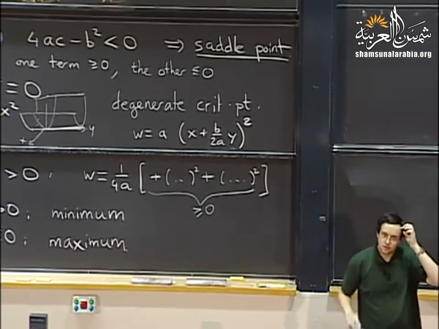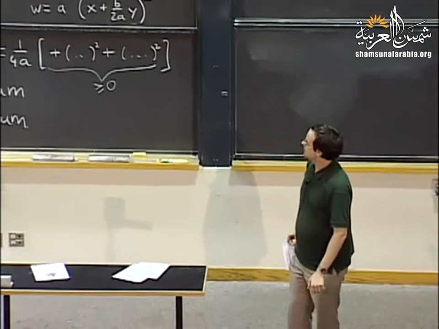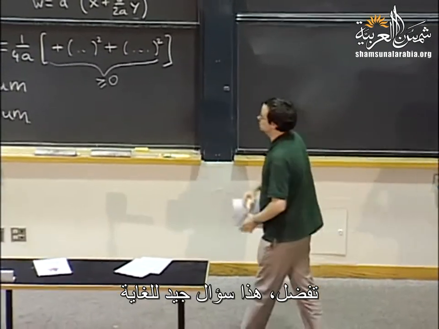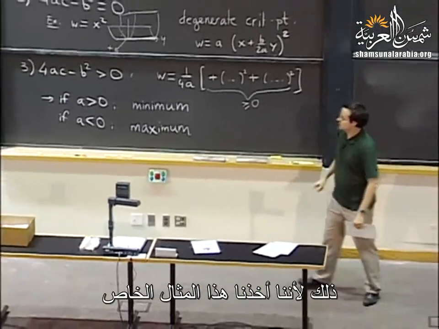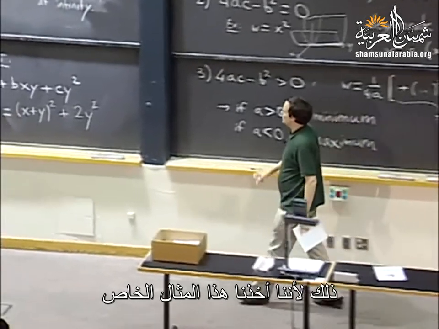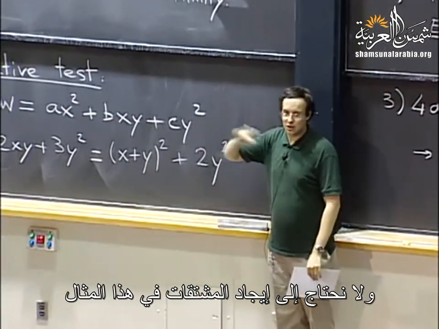Yes? You said this is called the second derivative test. Are we going to take the actual derivative? Yes, that's a very good question. So I said it's going to be the second derivative test. Why do we not have derivatives yet? Well, that's because I've been looking at this special example where we have a function like this, and so I don't actually need to take derivatives yet.